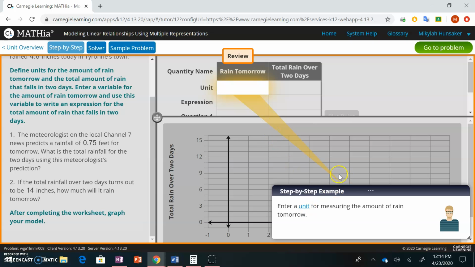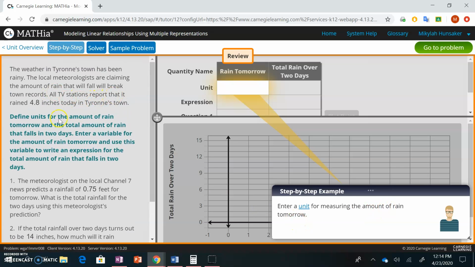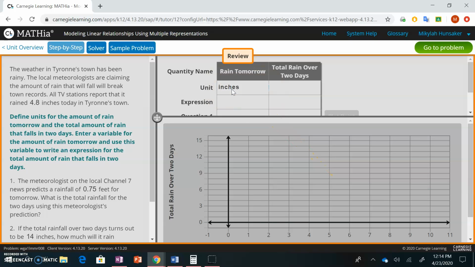First thing our step-by-step instructions tell us to do is enter a unit for measuring the amount of rain tomorrow. For the amount of rainfall tomorrow, it looks like we have TV stations reporting that it rained 4.8 inches today. So let's try inches, see what happens.